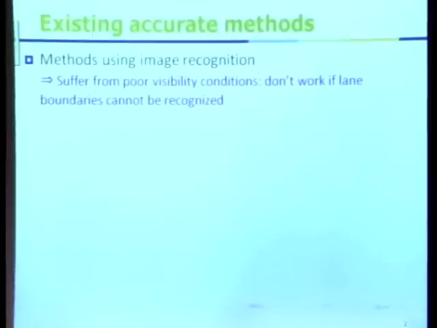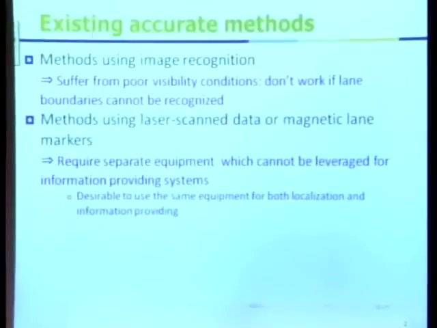The next group is the methods using laser scan data, laser scanners or magnetic markers, and they achieve high accuracy like 0.1 meters, but they are dedicated equipment for localization, and it is desirable that the same equipment can be used for localization and information providing. So we need to find other methods.